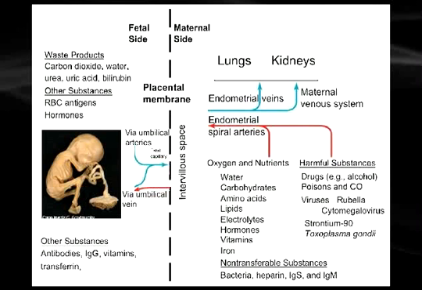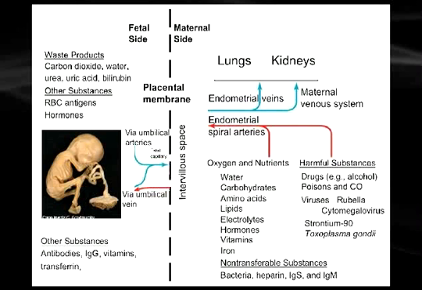The placenta is going to be an important clearinghouse for waste products such as carbon dioxide, water, urea, uric acid, and bilirubin, as well as some other things like RBCs, antigens, and hormones that we've discussed in the previous case.